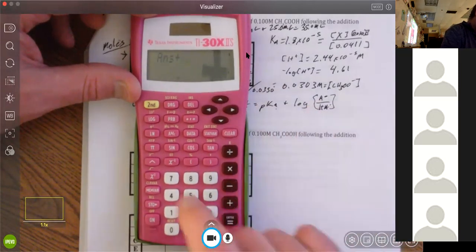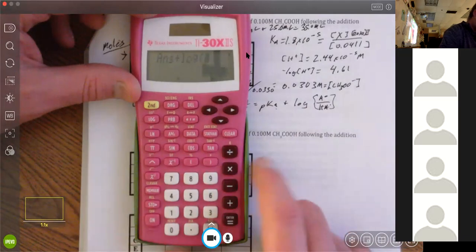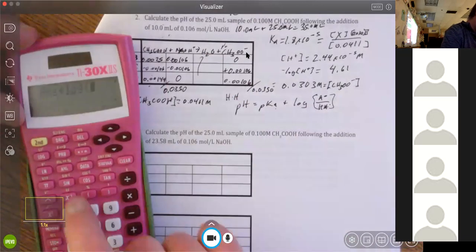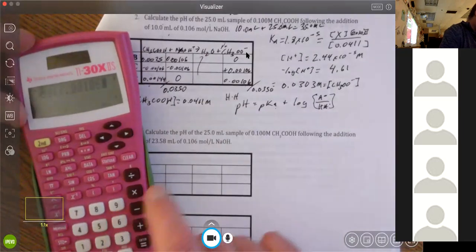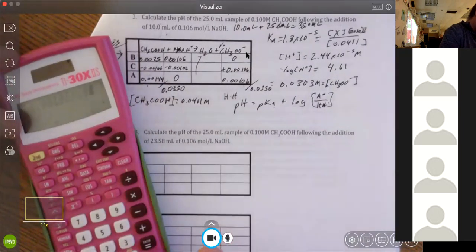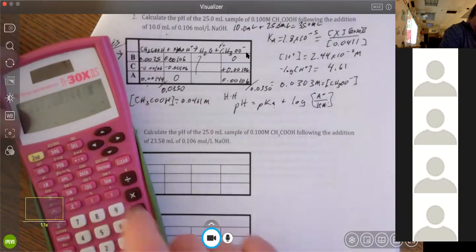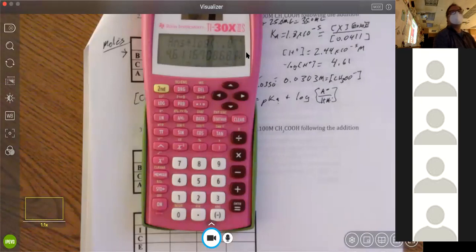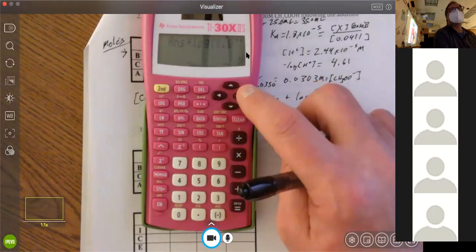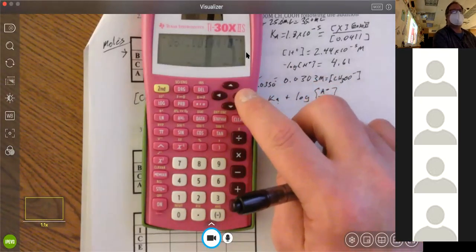Then we're going to add the log of 0.00106 divided by 0.00144. And there's that 4.61 again. So either one of those will work.